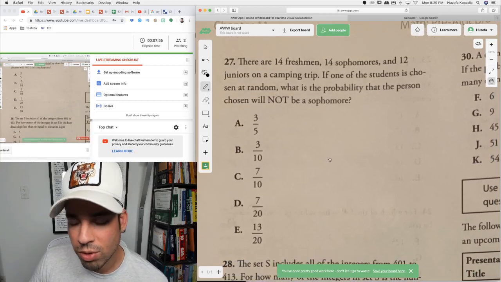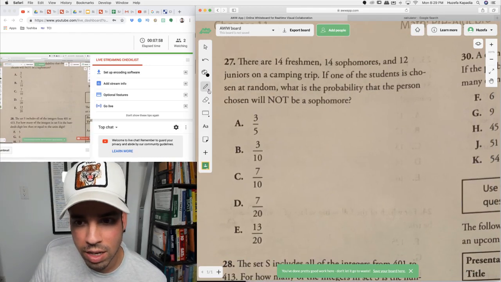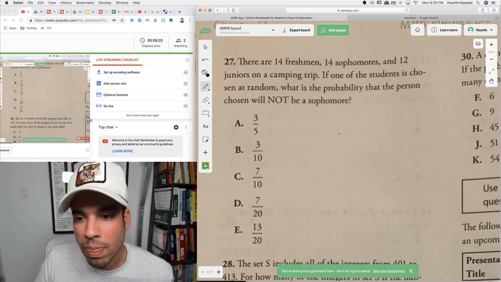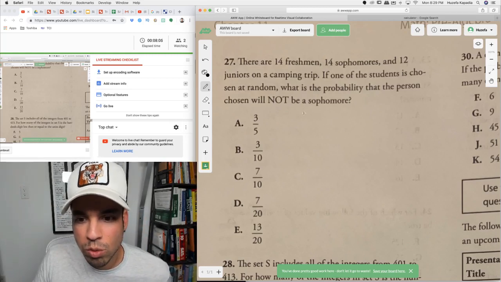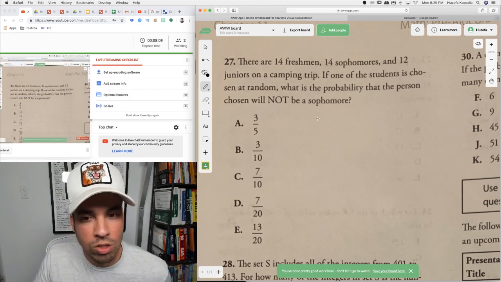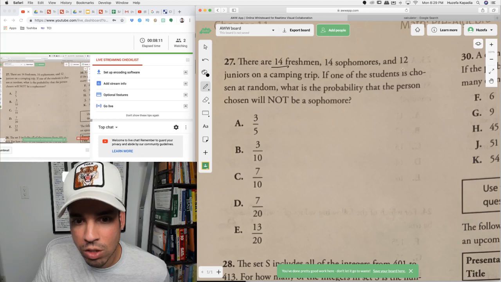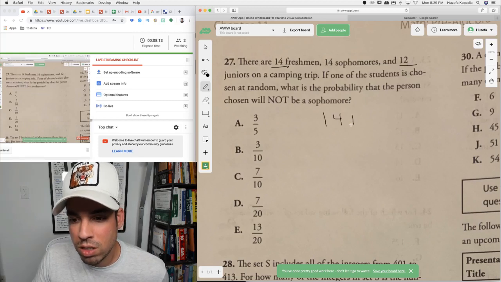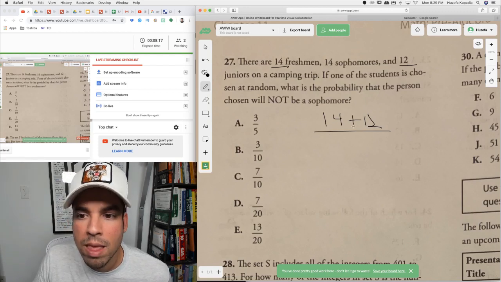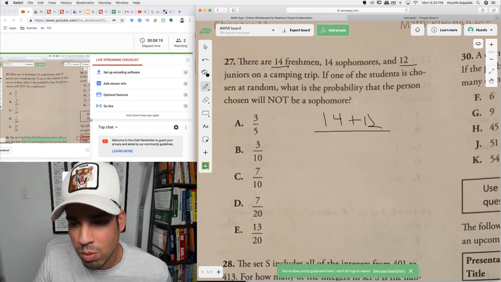There are 14 freshmen, 14 sophomores, and 12 juniors on a camping trip. If one of the students is chosen at random, what is the probability that the person chosen will not be a sophomore? So how many non-sophomores are there? Well, there's 14 freshmen and 12 juniors, so 14 plus 12. What's the probability that we won't choose a sophomore?